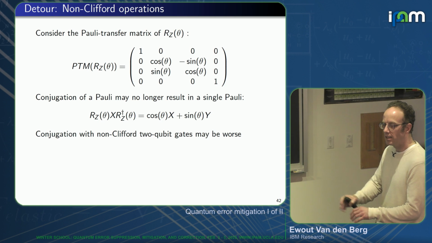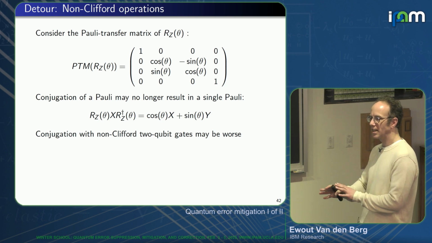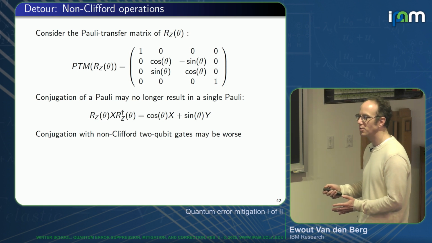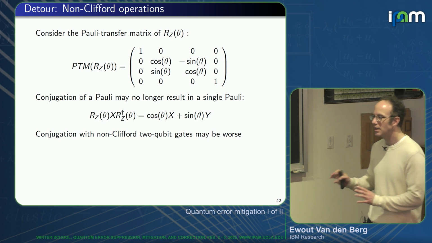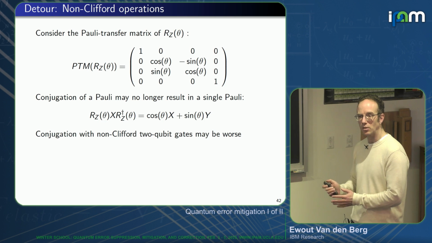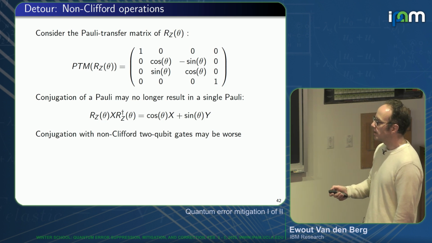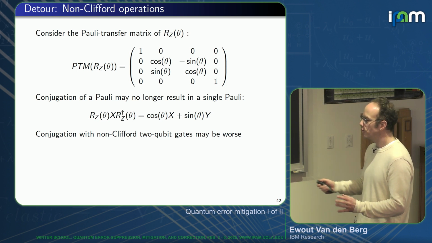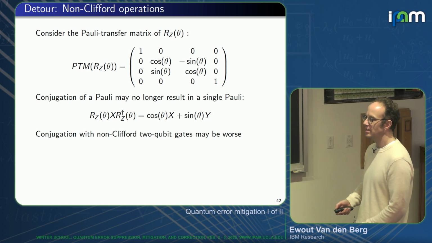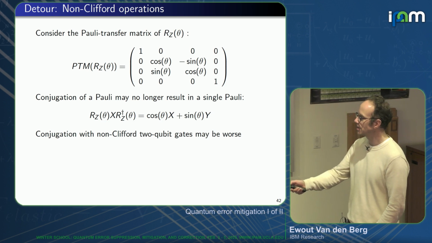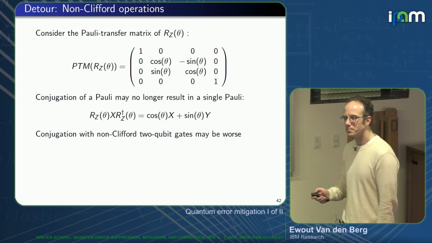And this splitting, if you do it multiple times, will just exponentially increase the number of terms. So that will be very hard to keep track of. So that is why it's hard to simulate non-Clifford circuits. And of course, if you have non-Clifford two-qubit gates, it may be even worse. In general, this could be pretty much a dense matrix, except for the identity here.